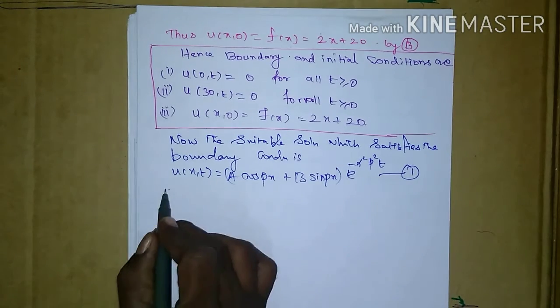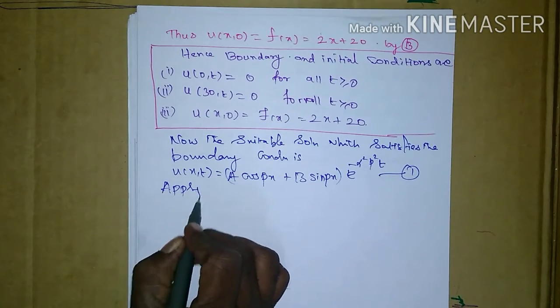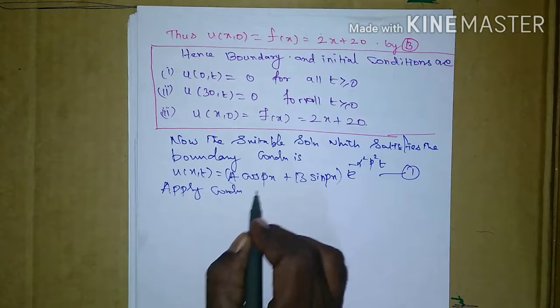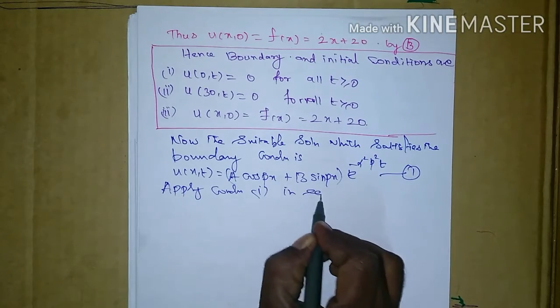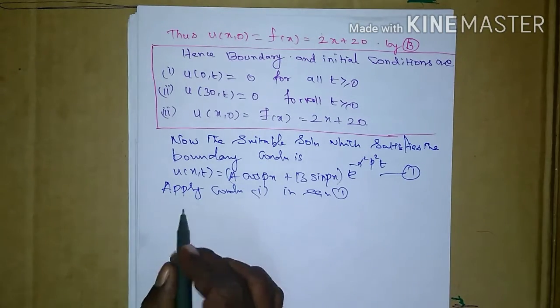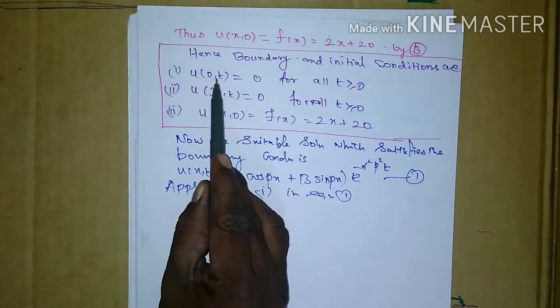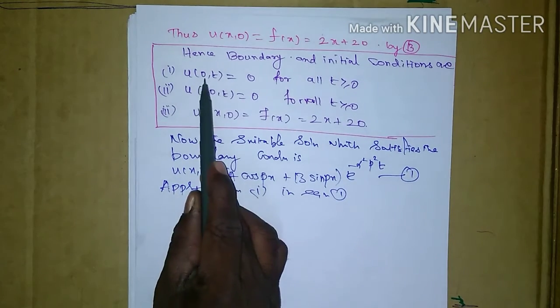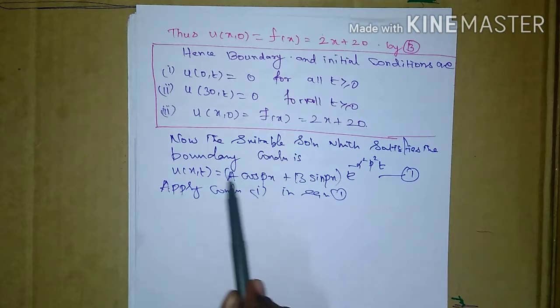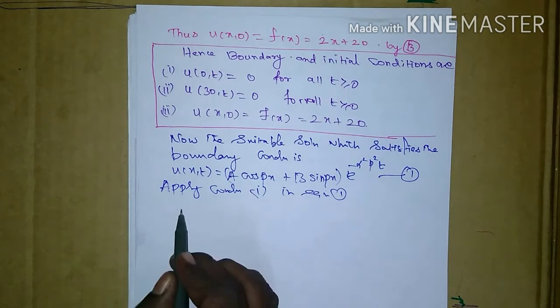Apply condition 1 in equation 1. We get the condition 1 is here u of 0 comma t is equal to 0. Here x is equal to 0. Put x is equal to 0 in equation number 1.